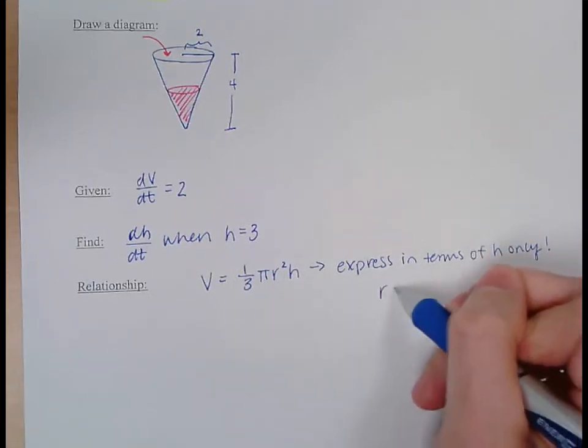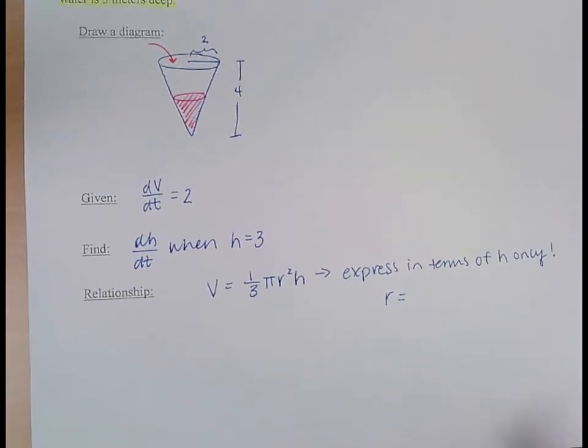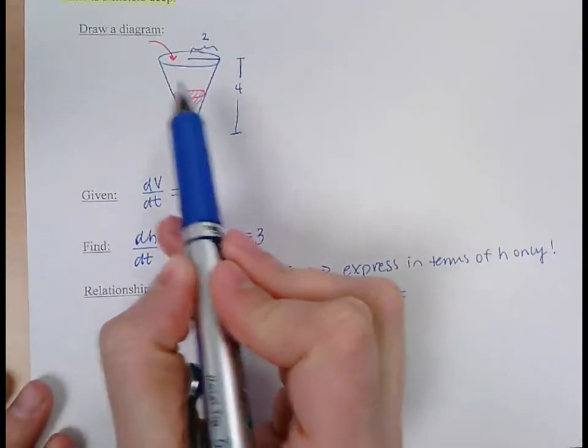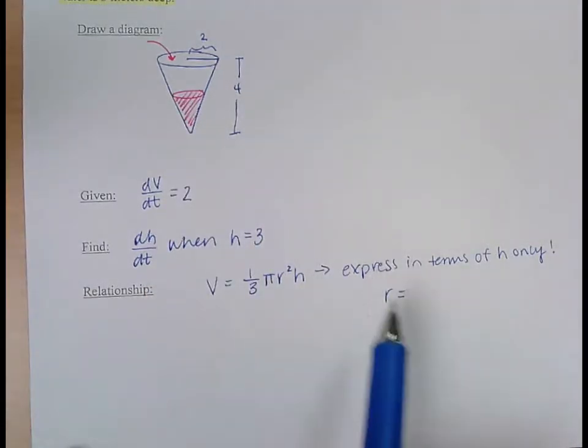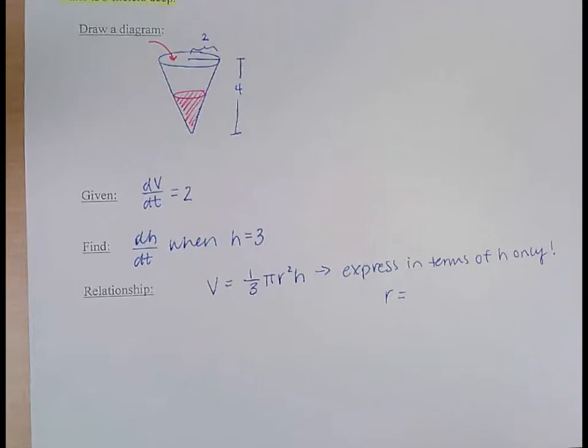I need to figure out an expression for the radius in terms of the height. So here's how to do that. And again, this problem is maybe more challenging for coming up with this. Some problems like this, it might be substituting diameter in for the radius, and the relationship between a diameter and radius is easier, in my opinion, than trying to figure out this relationship here.